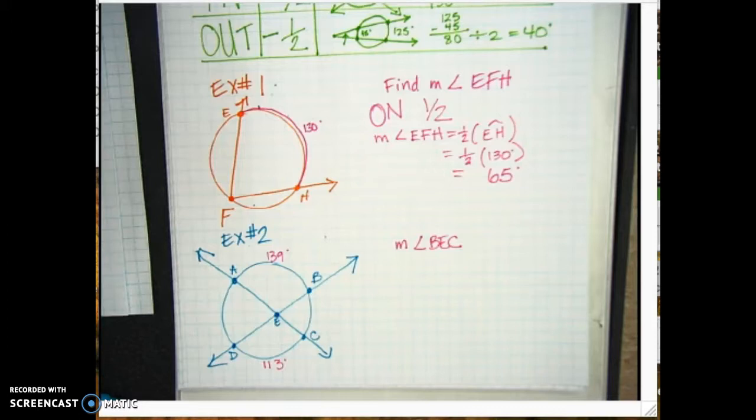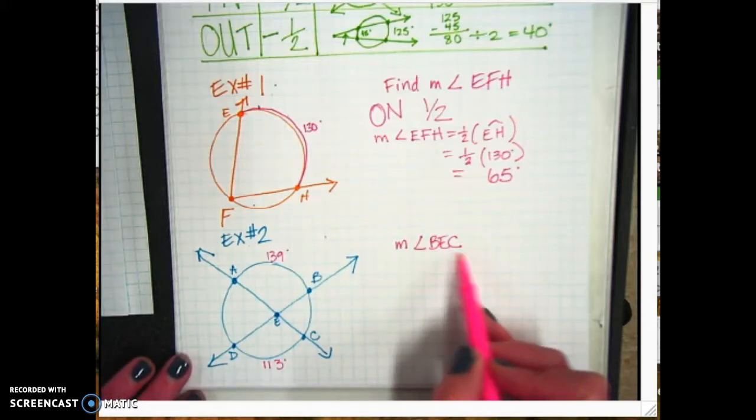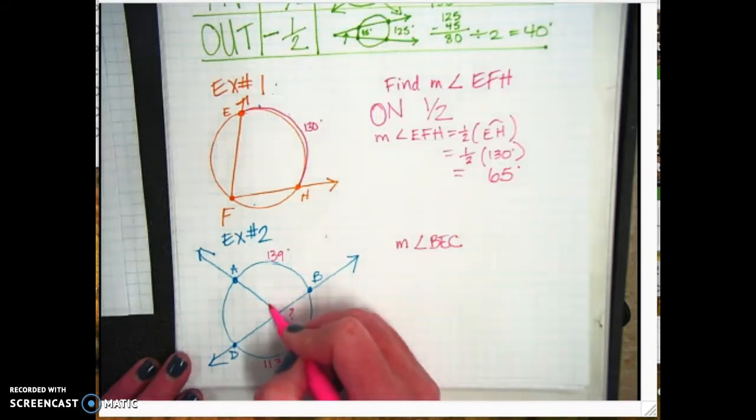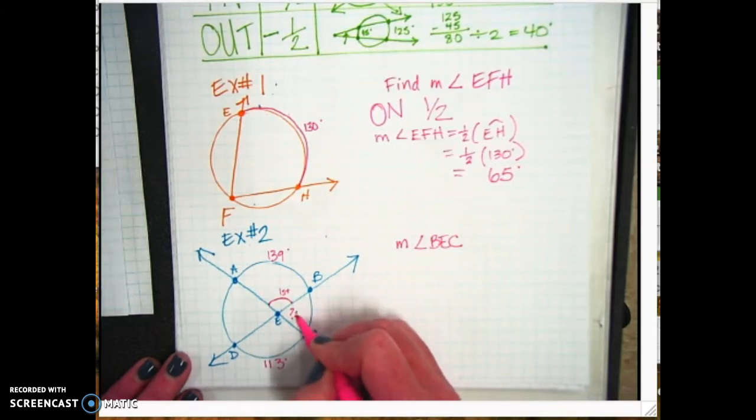Now pay attention to which angle they're asking you for, right? BEC, if you tap it out, BEC is this one right here. Okay? But this one right here is associated with this arc and this arc. So this one's a little bit tricky. We actually need to find this angle here first and then get this one second.